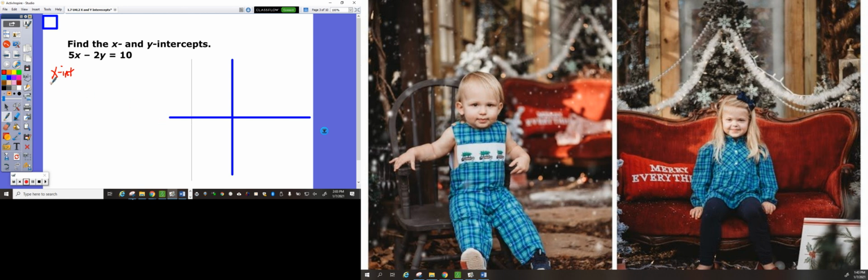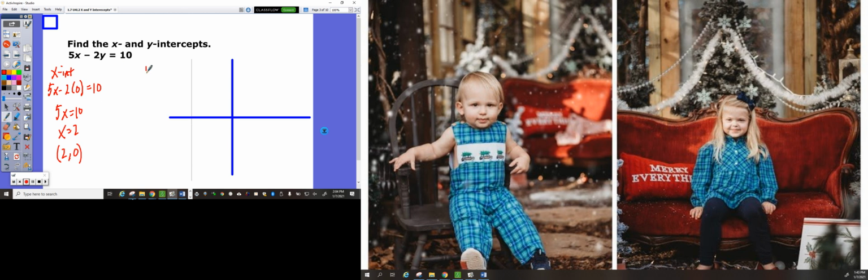So if I'm looking for my x-intercept, my y value is 0. Well, -2 times 0 is 0, so we have 5x equals 10, so x equals 2. So my x-intercept is 2, 0.